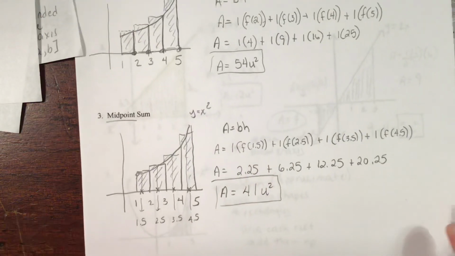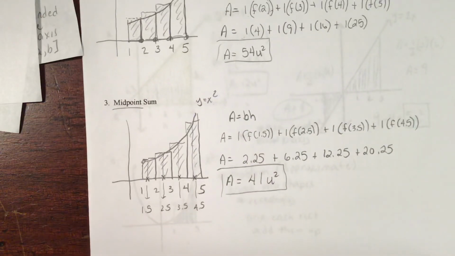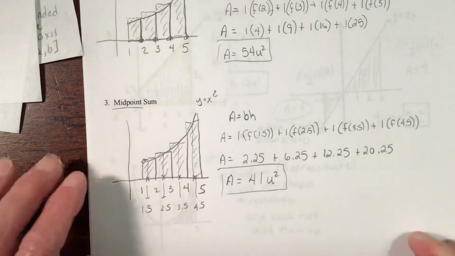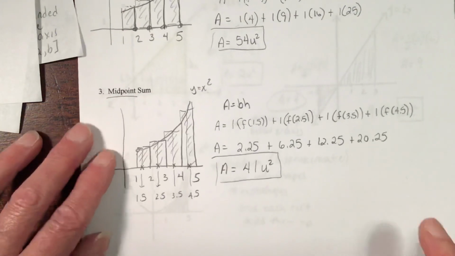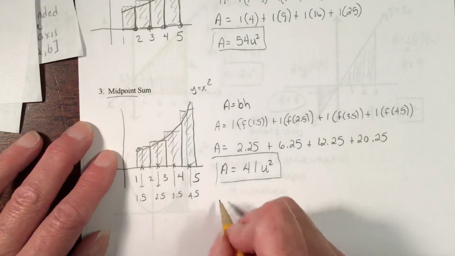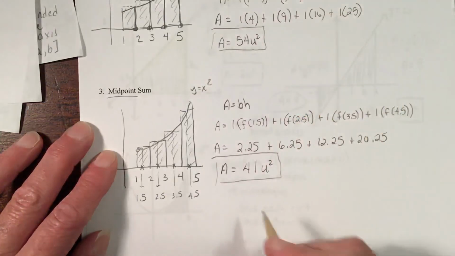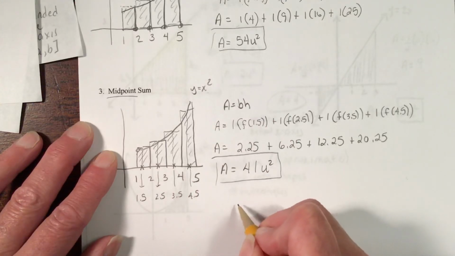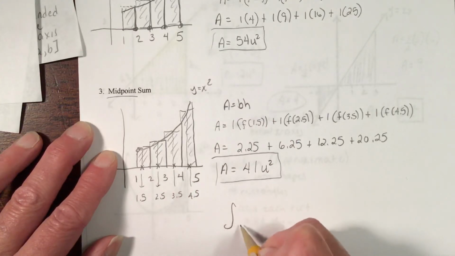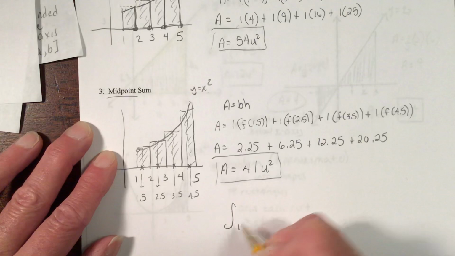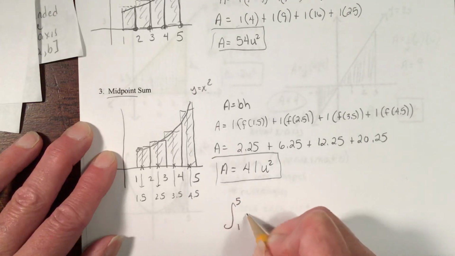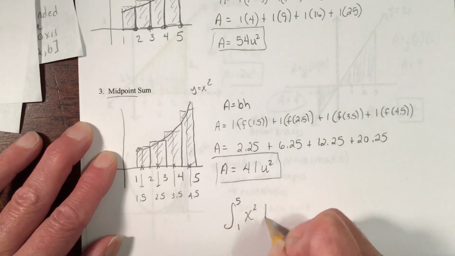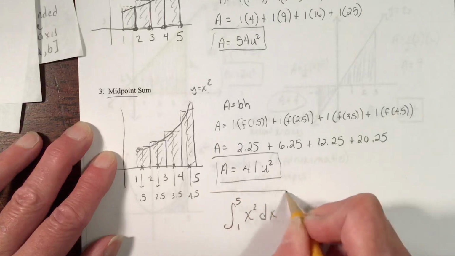So this is just a brief introduction to Riemann sums. We're going to continue on tomorrow. Before I leave you though, if I asked you to describe each of these as a definite integral, remember our curve is y equals x squared, so we could say all of these approximate the area from 1 to 5, and it's the area under x squared dx.